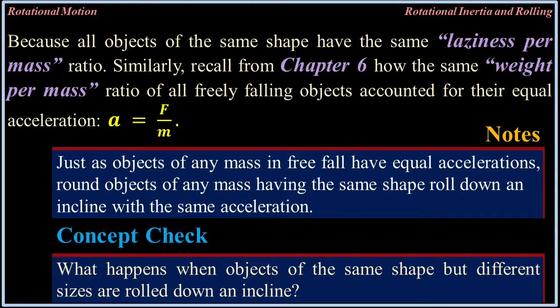Similarly, recall from Chapter 6 how the same weight per mass ratio of all freely falling objects accounted for their equal acceleration, a equals F over m. Just as objects of any mass in free fall have equal accelerations, round objects of any mass and the same shape, rolled down an inclined plane, have the same acceleration. Concept check. What happens when objects of the same shape but different sizes are rolled down an incline?